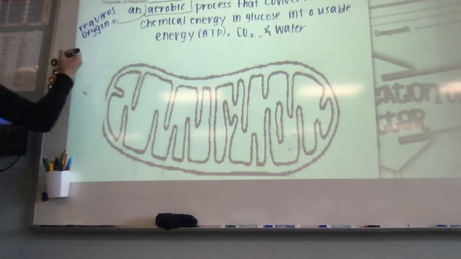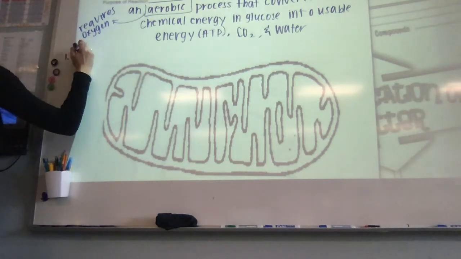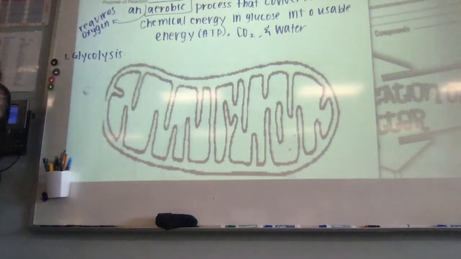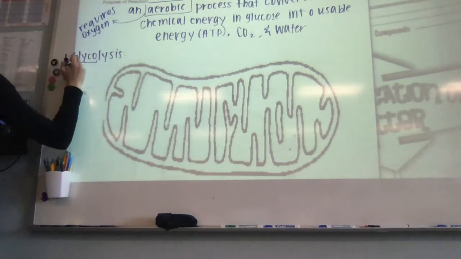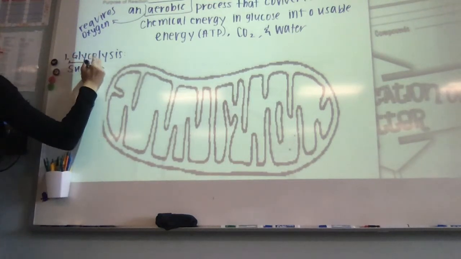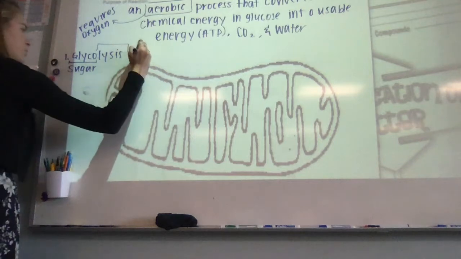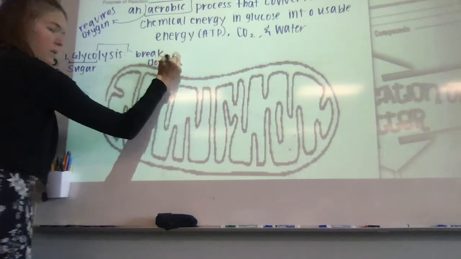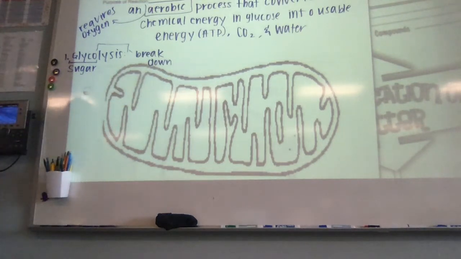The first step, step one, is what is called glycolysis. And what does the prefix glyco mean? Glyco means sugar, and we know that lysis means to break down. So glycolysis is literally the breaking down of sugars. Okay?